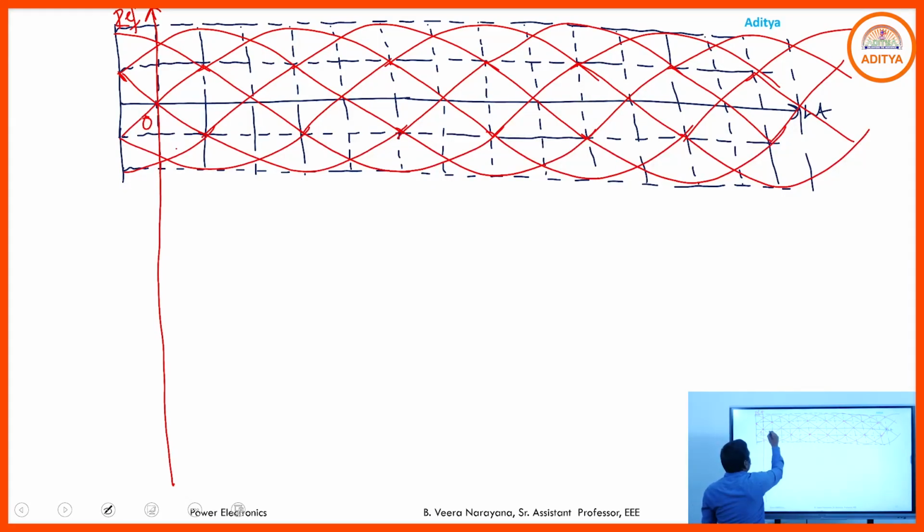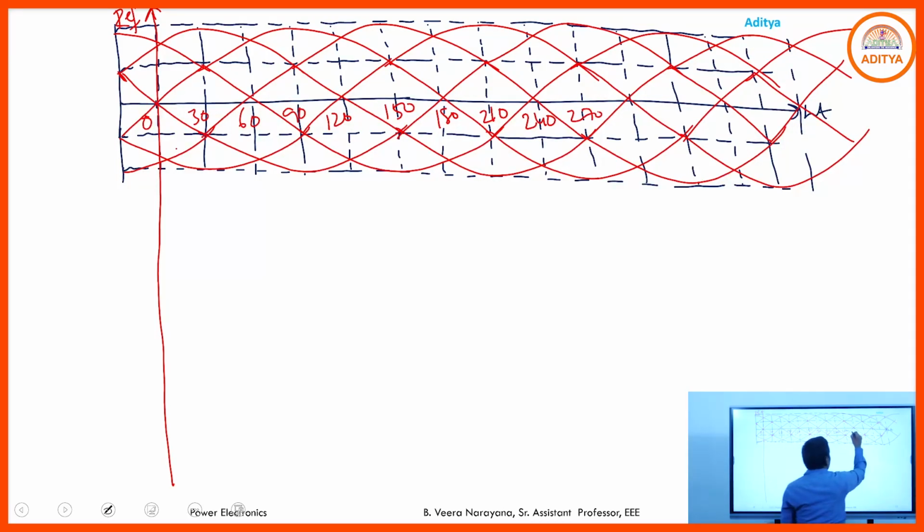After that 30, 60, 90, 120, 150, 180, 210, 240, 270, 300, 330, 360, 390, 420.